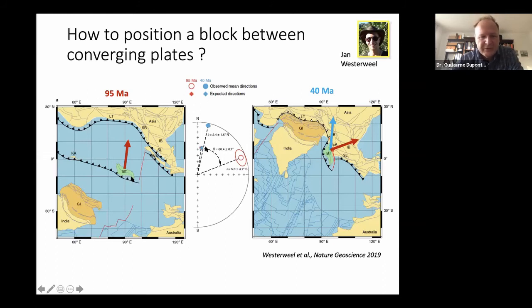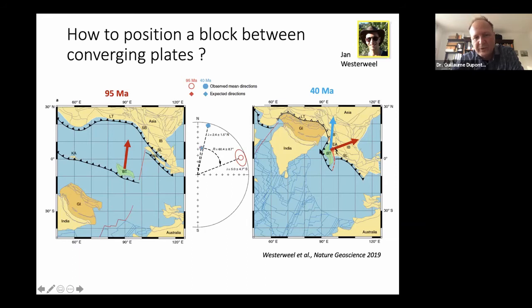So 95 million years ago, the Burma terrain is recording a magnetic direction towards the north, okay? But if you look at the direction today, this direction that was acquired 95 million years ago is pointing towards the east. So what it means is that the terrain has rotated a lot.